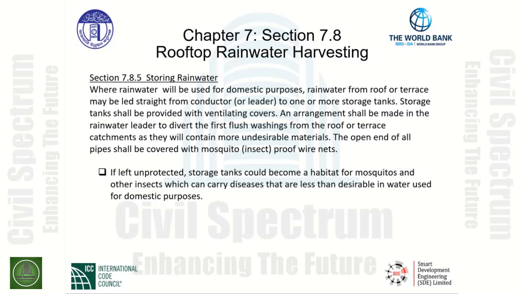And also indicated was to divert the first flush washings of rainwater. This will allow a lot of sediment and debris, plant material, to be purged and not enter the storage container based on the first flushing.